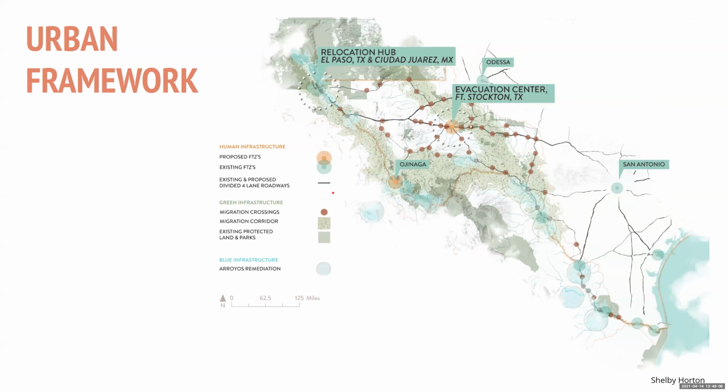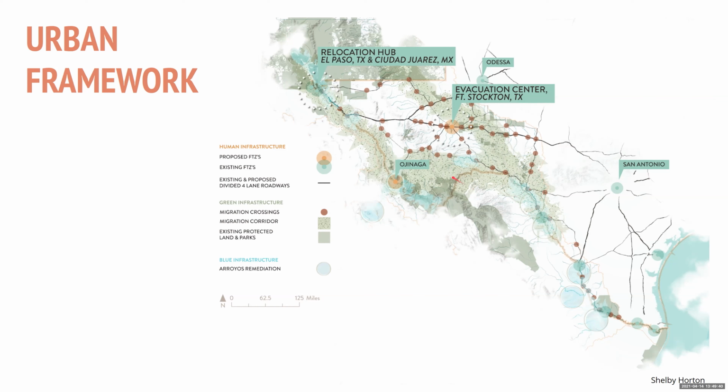And then all of those programs are implemented into our overall framework. So we have some proposed free trade zones in Ojinaga near Big Bend, and then in our evacuation proposed site of Fort Stockton. We're proposing to retrofit the existing interstates and divided highways, which are these black line work shown, and then for green infrastructure to protect migratory species and preserve our natural resources.